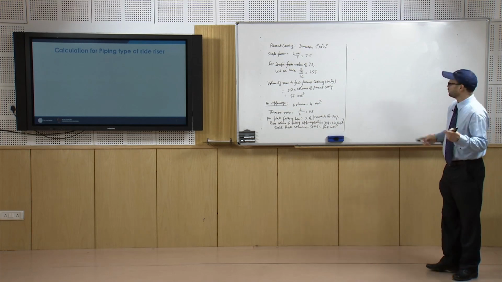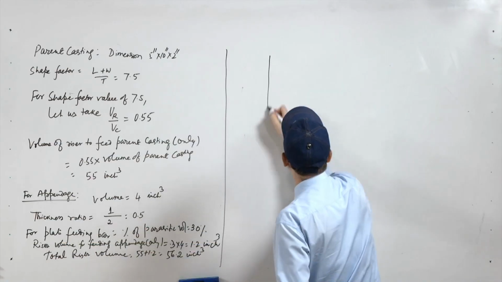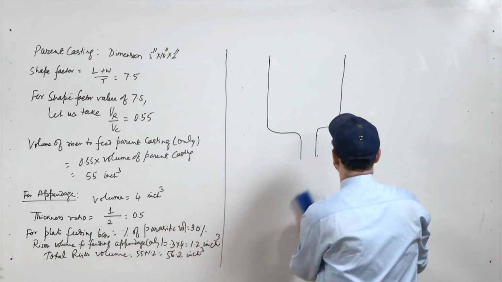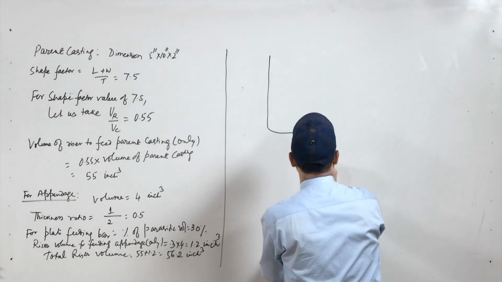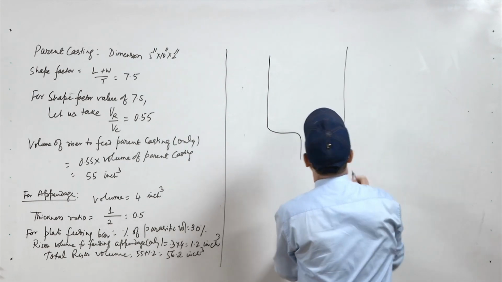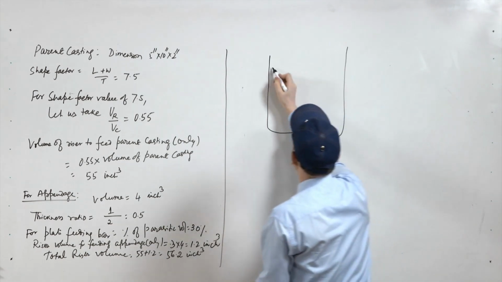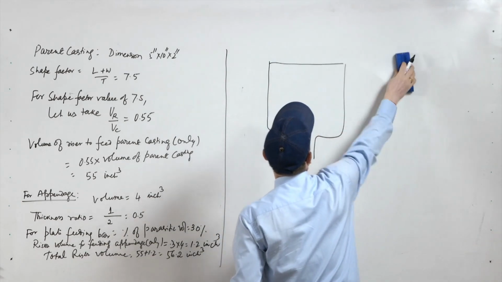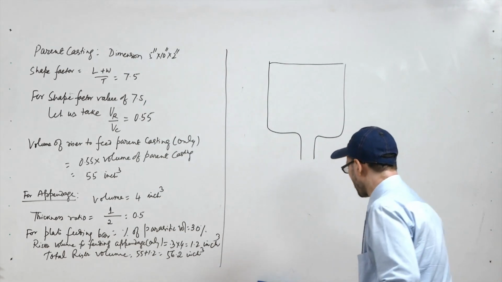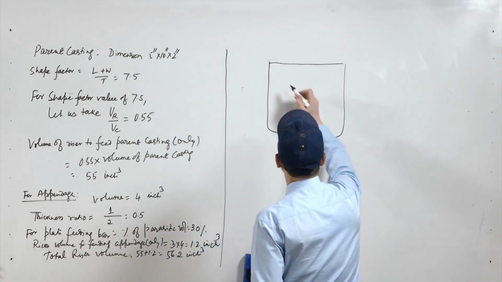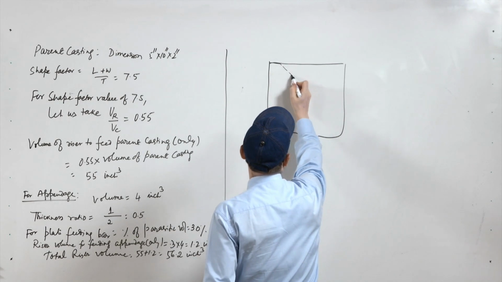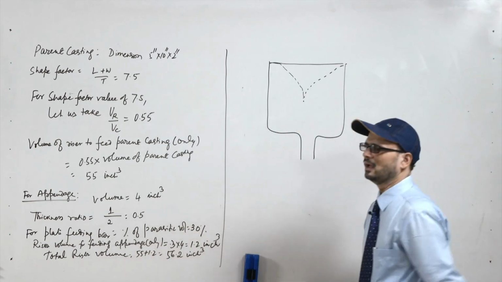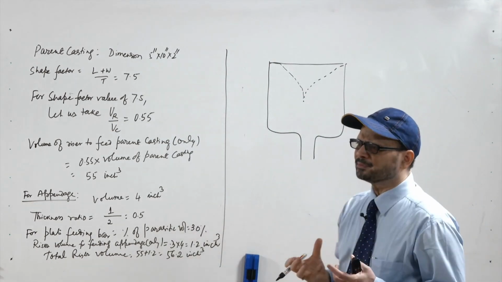As we know, once we have a riser, and suppose this was the top portion of the riser, depending upon the feeding, it will feed the liquid metal in this fashion, and this is known as the pipe.